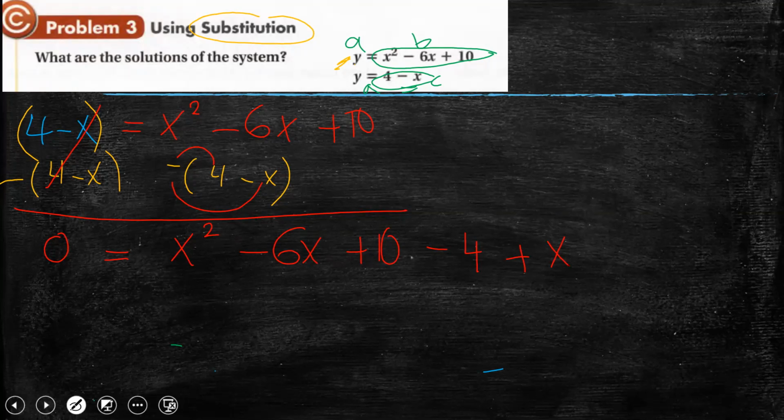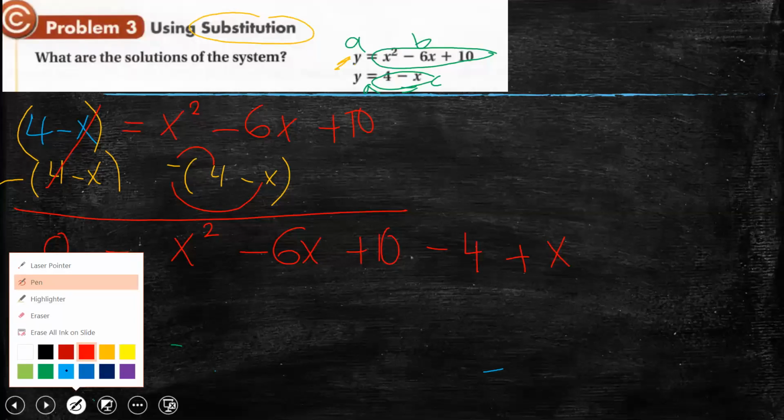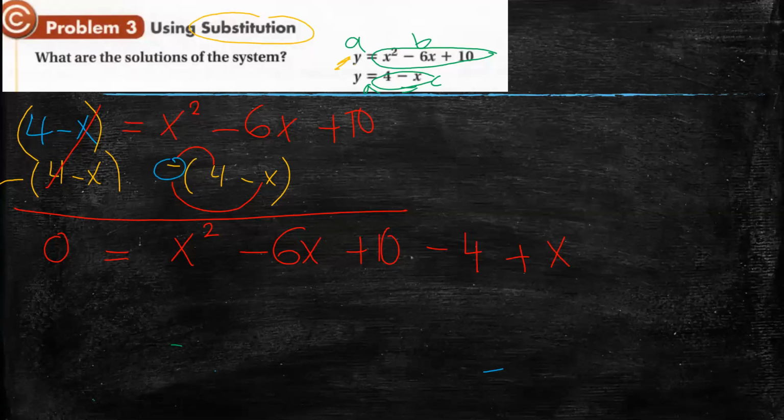Using the distributive property, negative 1 times 4 is negative 4, and negative 1 times negative x is positive x.